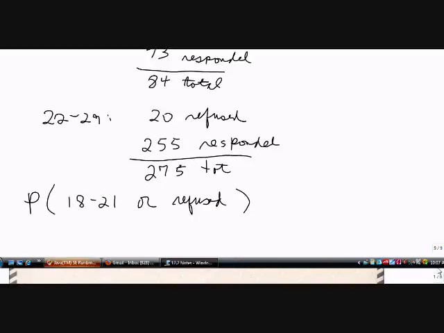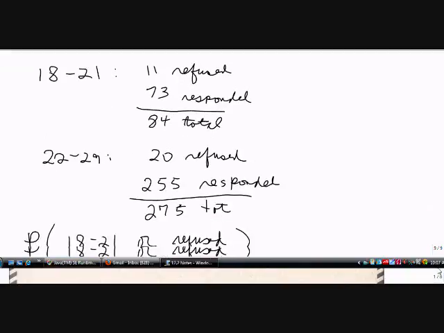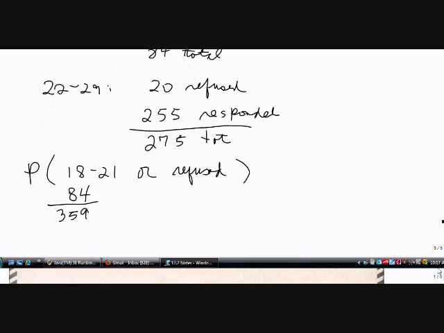All right. So the probability of being in the 18 to 21-year-old age group would be, there's 84 of those out of our 359. The number of people who refuse to respond, 20 plus 11 is 31 out of 359.